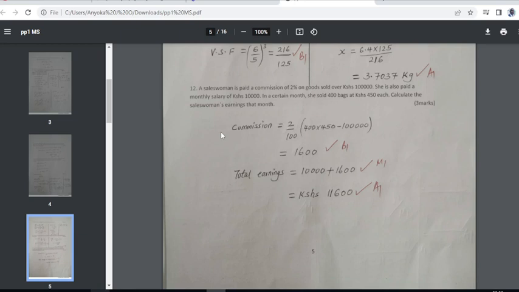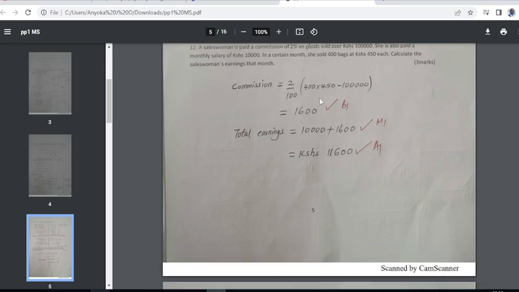Calculate the saleswoman's earnings that month. So we want to find there is a salary of 10,000, and there is 2% of what is sold above 100,000. It's quite a basic equation. So we want to find the commission.